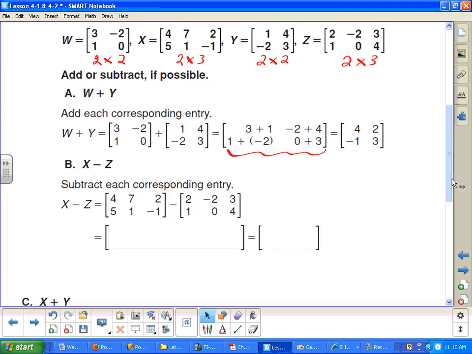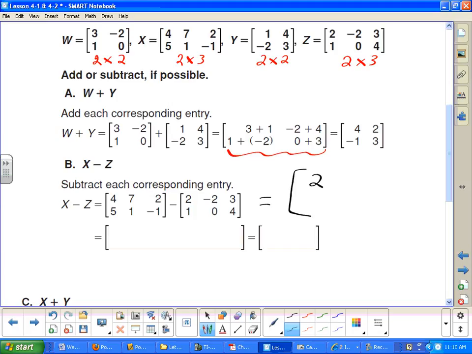X minus Z. So we're subtracting. Then we're going to subtract the corresponding entries. You can write it out if you want, but you don't have to. So let's just do that one then. I'm going to subtract. So I do 4 minus 2. I'm going to write bigger. 4 minus 2 is 2.